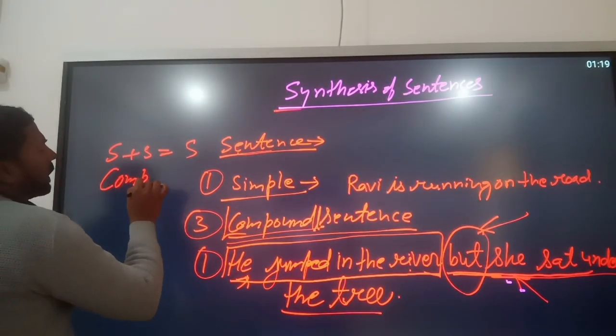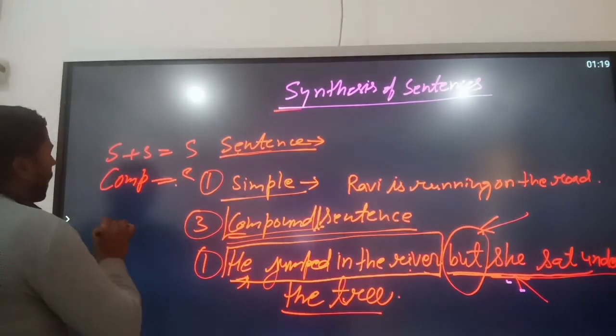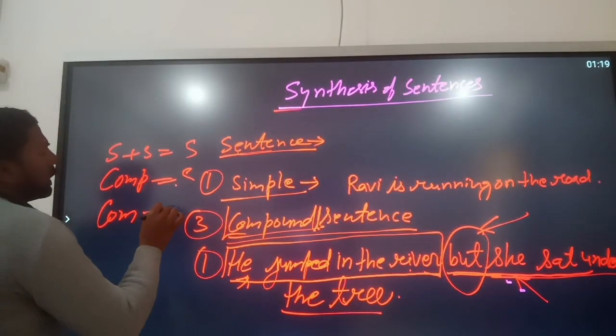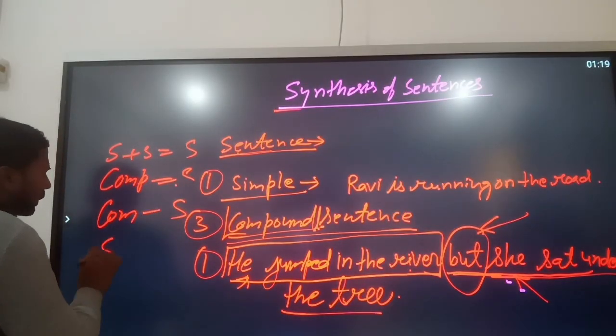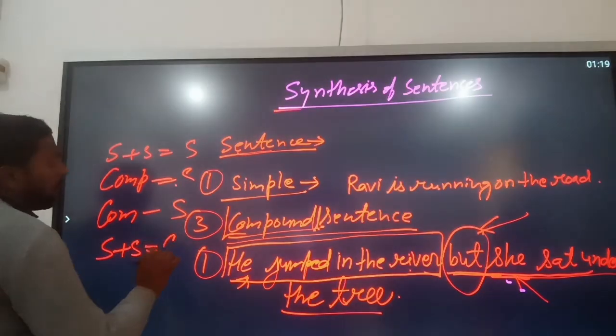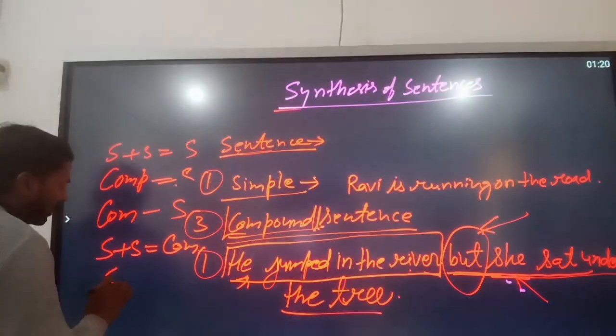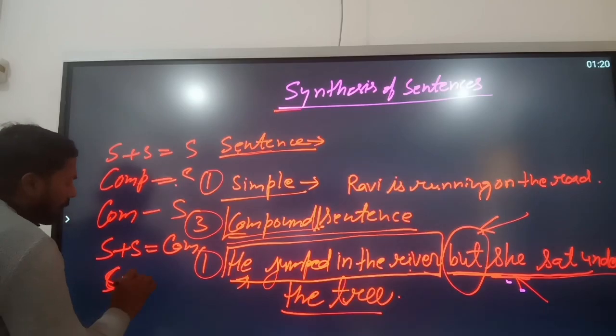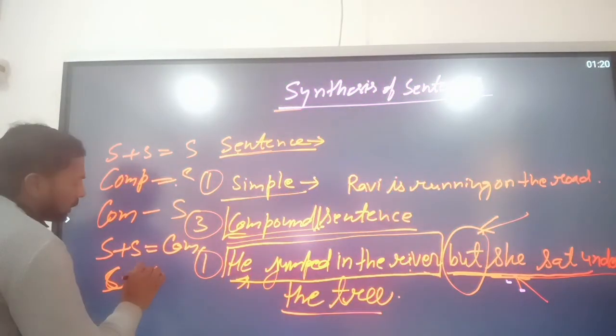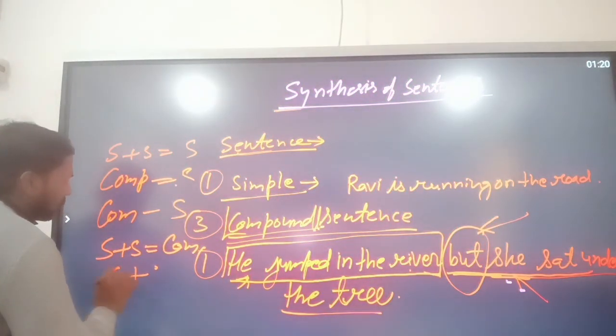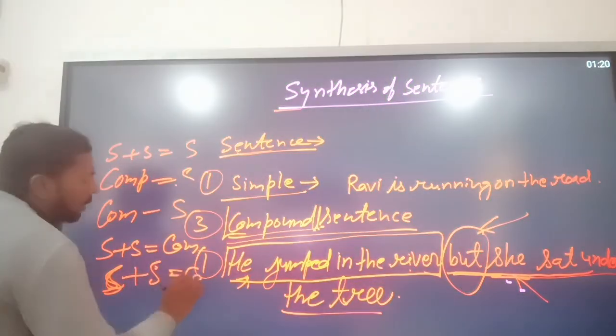Two simple sentences can make a complex sentence or a compound sentence, and a complex or compound sentence can make a simple sentence. Two simple sentences make a compound sentence.